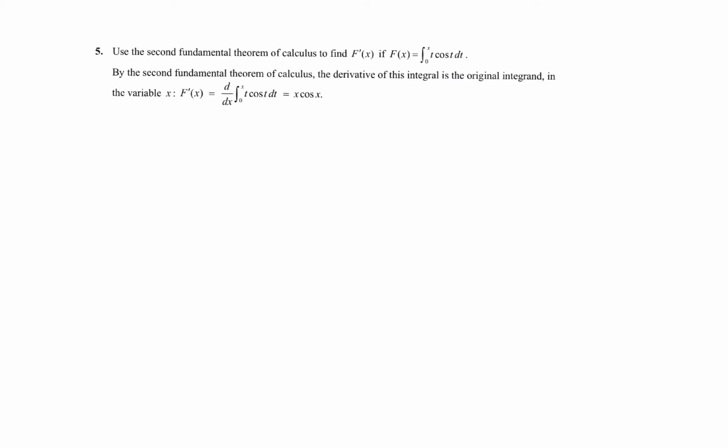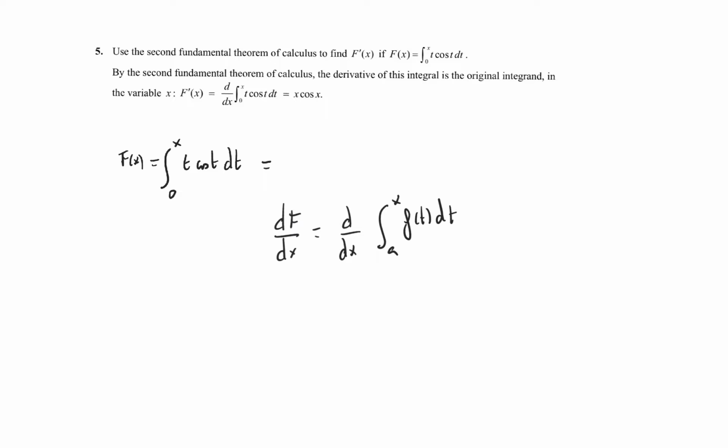Interesting. Okay. Use the second fundamental theorem of calculus to find f prime of x if f of x is the integral from 0 to x of t cosine of t dt. The second fundamental theorem says that the derivative with respect to x of the integral from a to x of f of t dt is f of x.